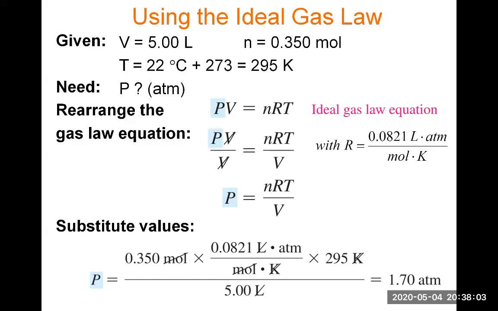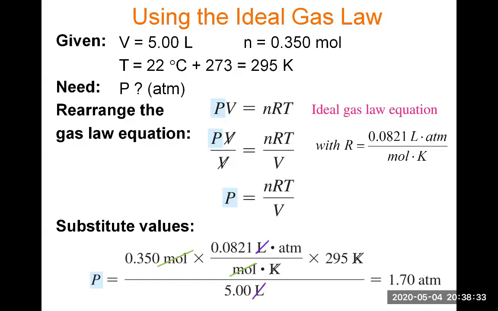So here moles are cancelled because we have the number of moles, and in the R, the unit of R, it's per mole. So they cancel. One is in the numerator, the other is in the denominator. Liters cancel. One is in the numerator in the unit of R, and the volume has liters in the denominator otherwise.